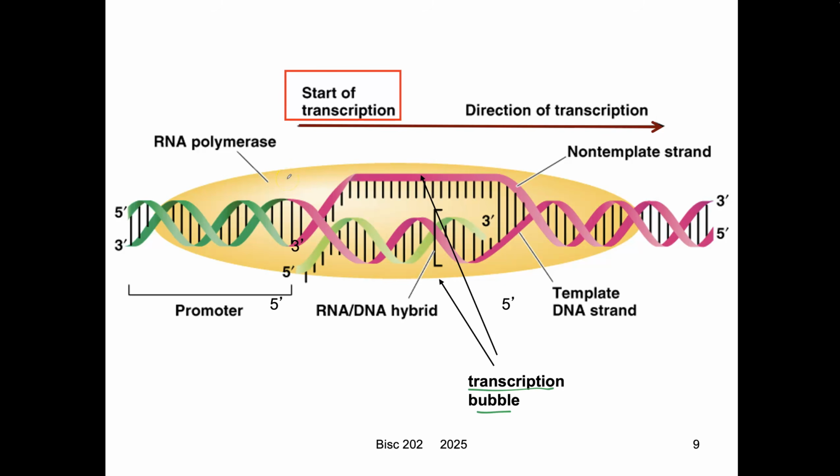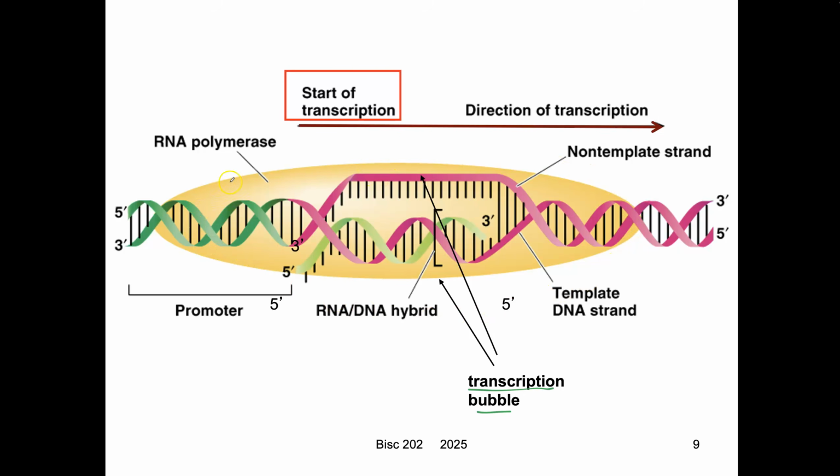It's a complex of 6 proteins, and some different factors do different jobs. We're really only going to look at the holoenzyme, which is the component that has 5 subunits, and then the sigma factor when we talk about prokaryotic transcription. But this is the idea.